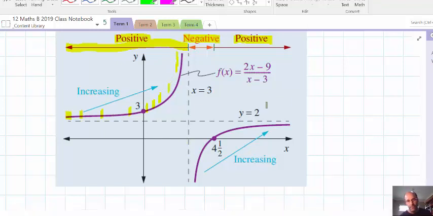Alright, so there are your intervals. See how it's increasing over that interval. You can see the curve. You can also see a bunch of other things. You can see the sign, whether it's positive. So yes, it's positive here, it is above the y-axis.